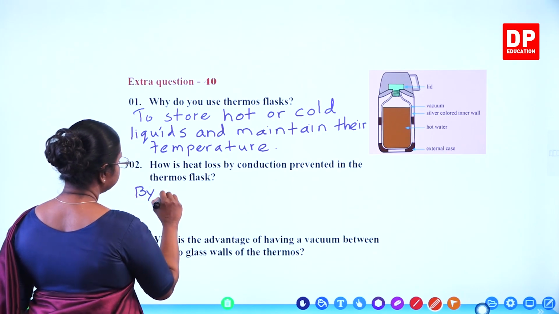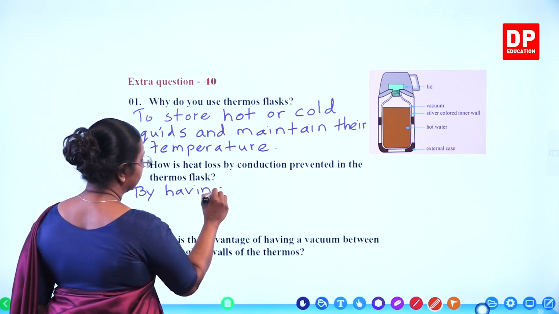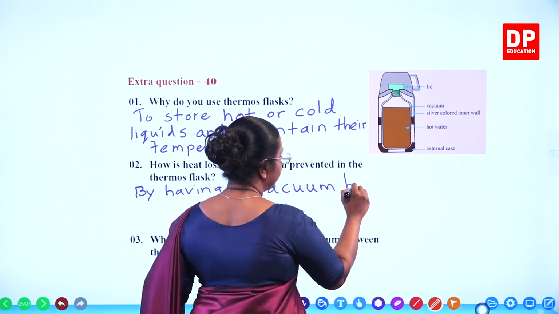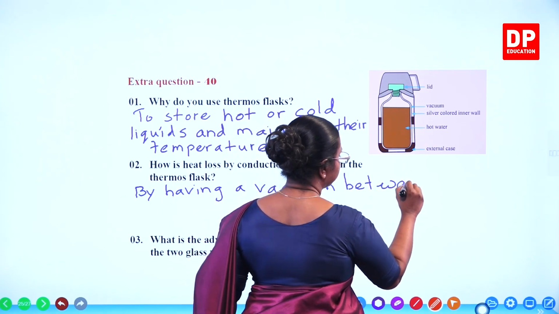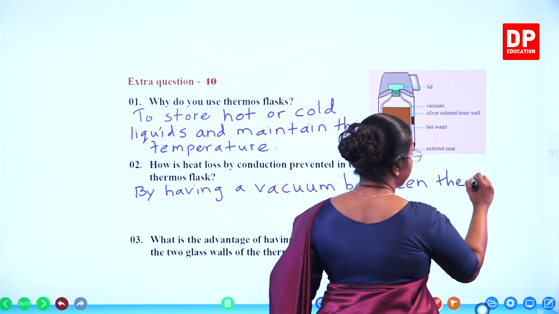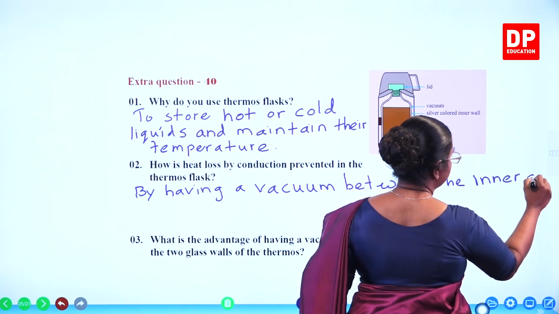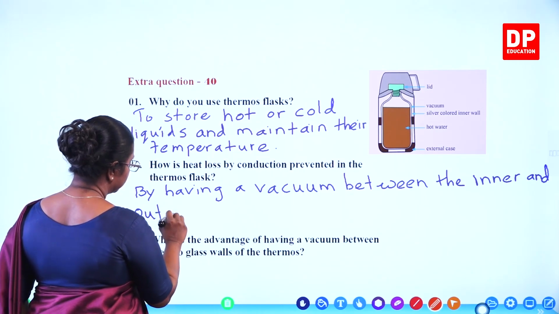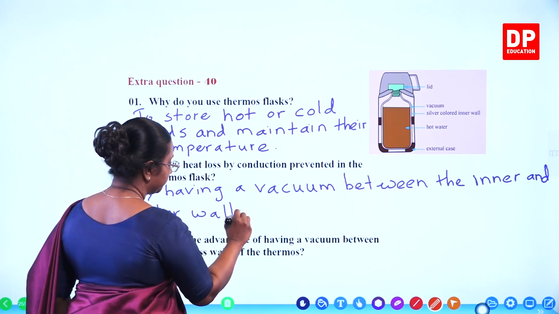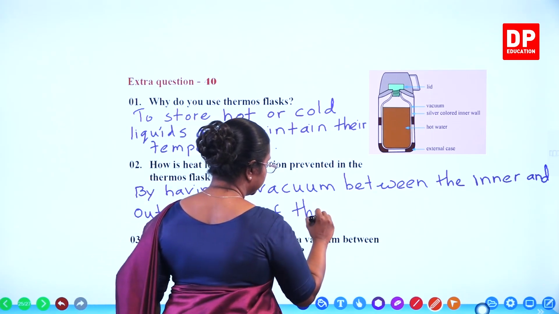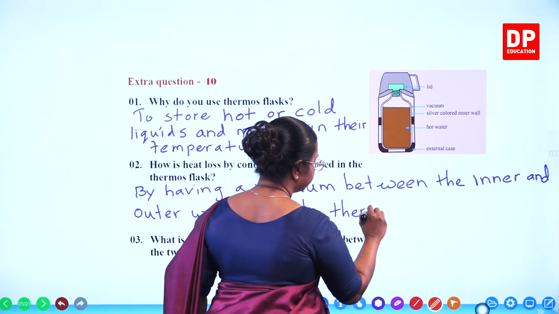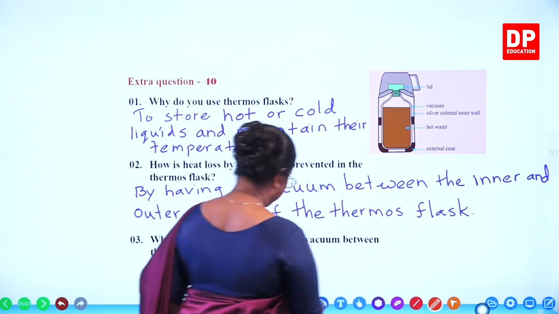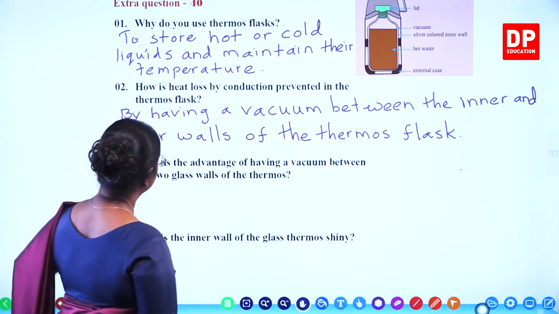By having a vacuum between the inner and outer walls of the thermos flask. So then we have the third question.